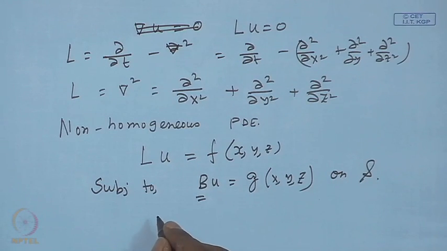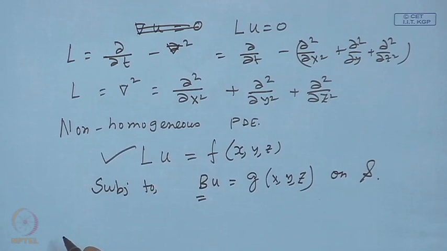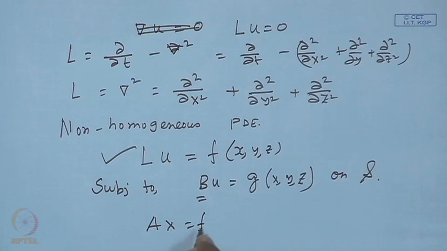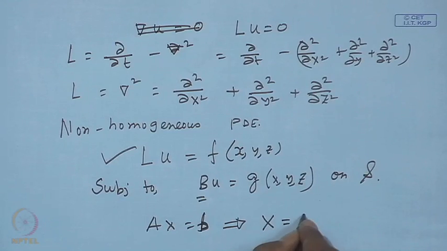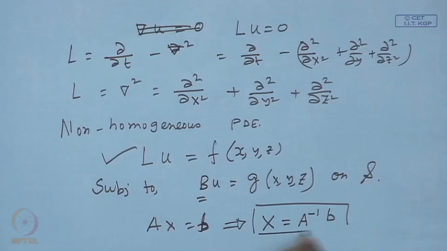Now, for this non-homogeneous partial differential equation, if we bring the parallel of discrete domain, for example, in the matrices it was A x is equal to b, where A is the matrix, x is the solution vector, b is the non-homogeneous vector. If you remember whatever we have done earlier, the solution vector, if you take inverse on both sides, you will be getting A inverse b.